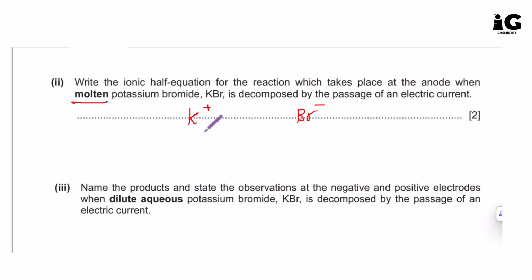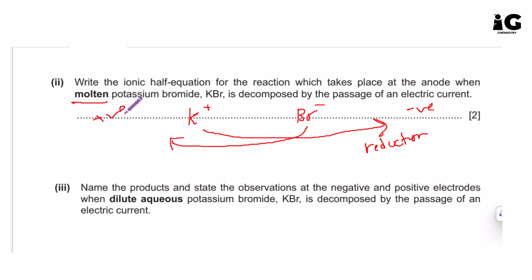Of course it's easy to know that K+ goes to the cathode, which is the negative electrode, by reduction, by gaining electrons. And Br- goes to the anode, which is the positive electrode. Here you need to take care, this is going to be oxidation by losing electrons. So the word molten here, which is bold, makes you decide that you have only K+ ions and Br- ions.